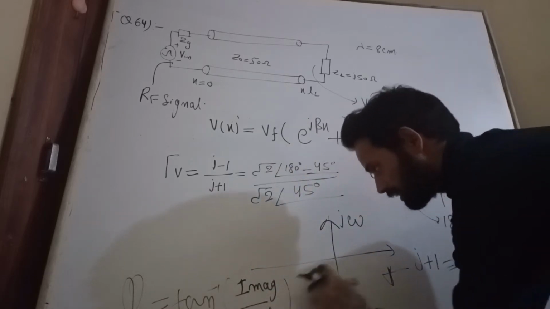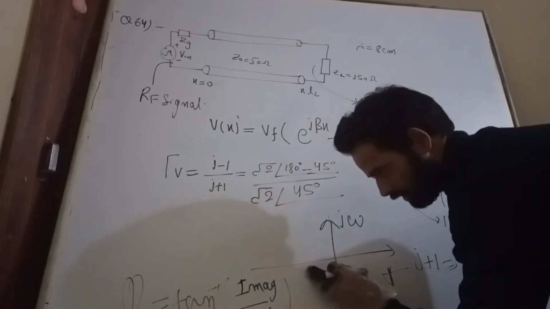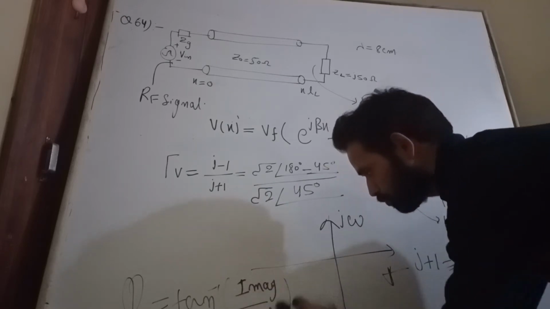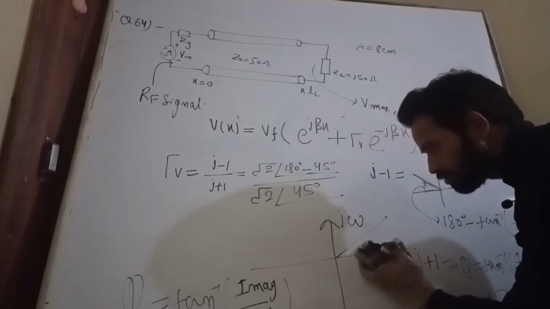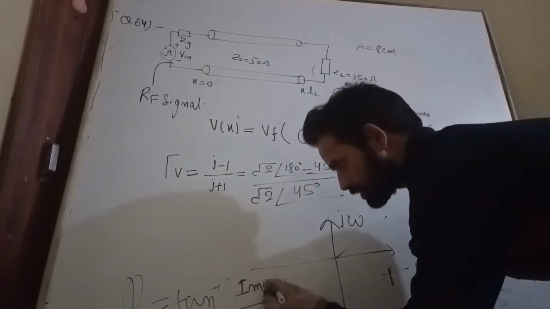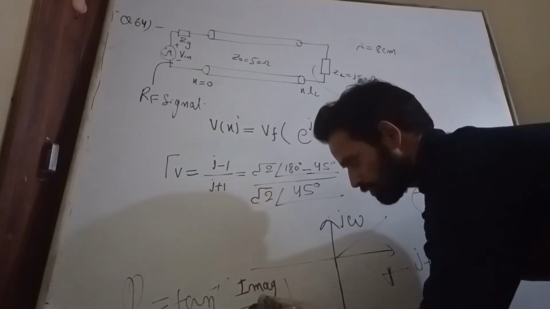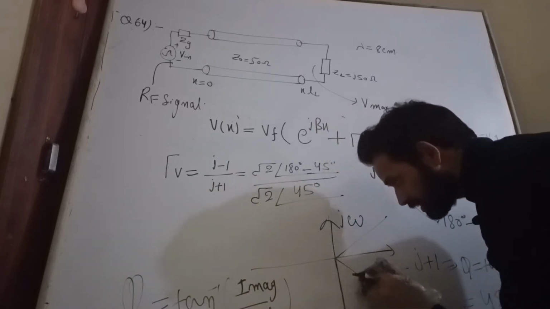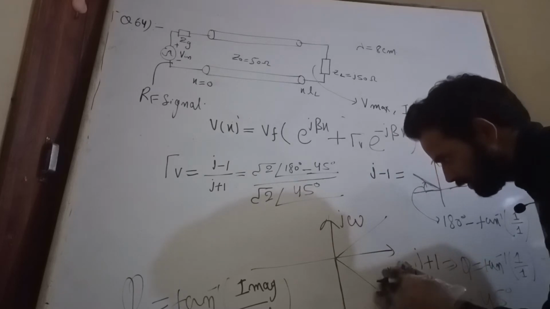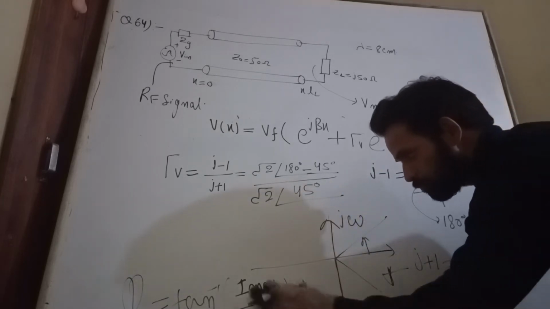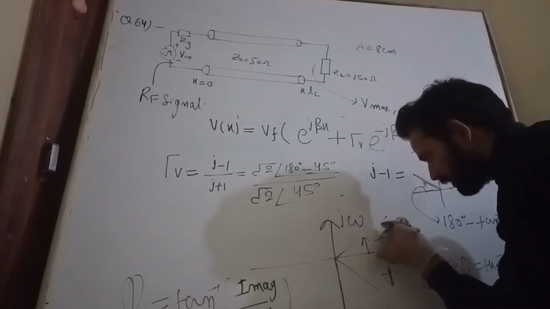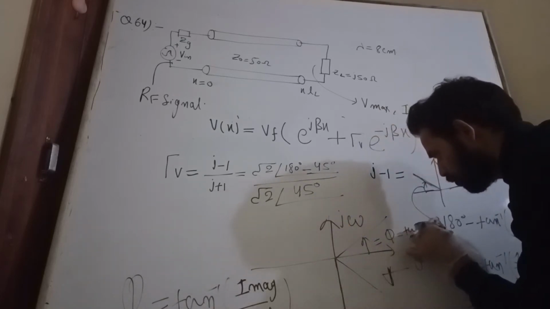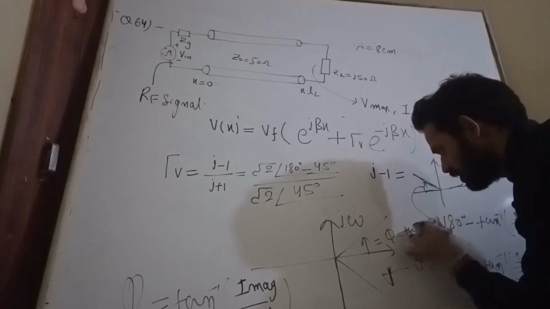Then you check the real part and the imaginary part, whether they are positive or negative. If both are positive, then my angle is in the first quadrant, and the angle is just phi, equal to tan inverse of whatever the quantity inside is.